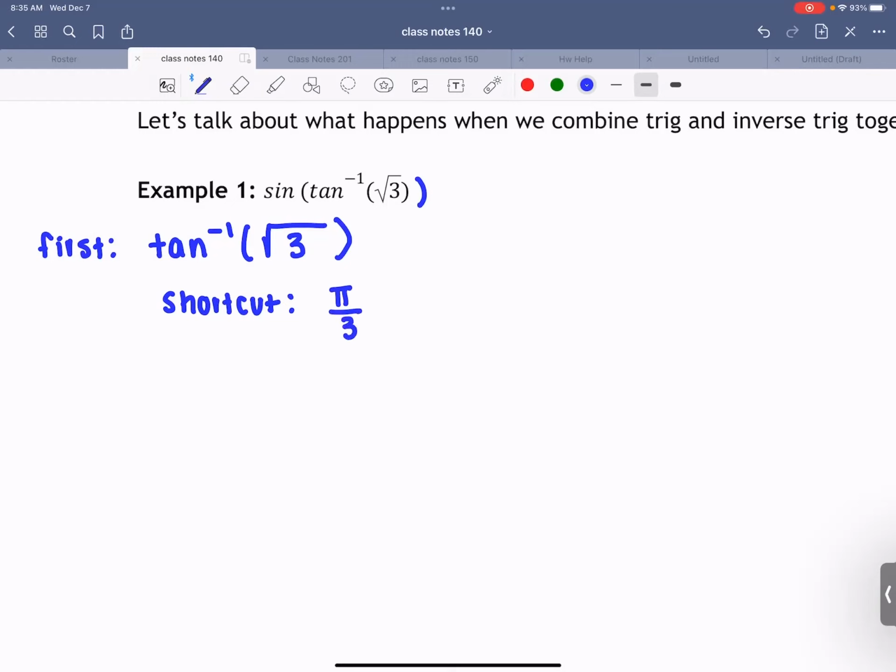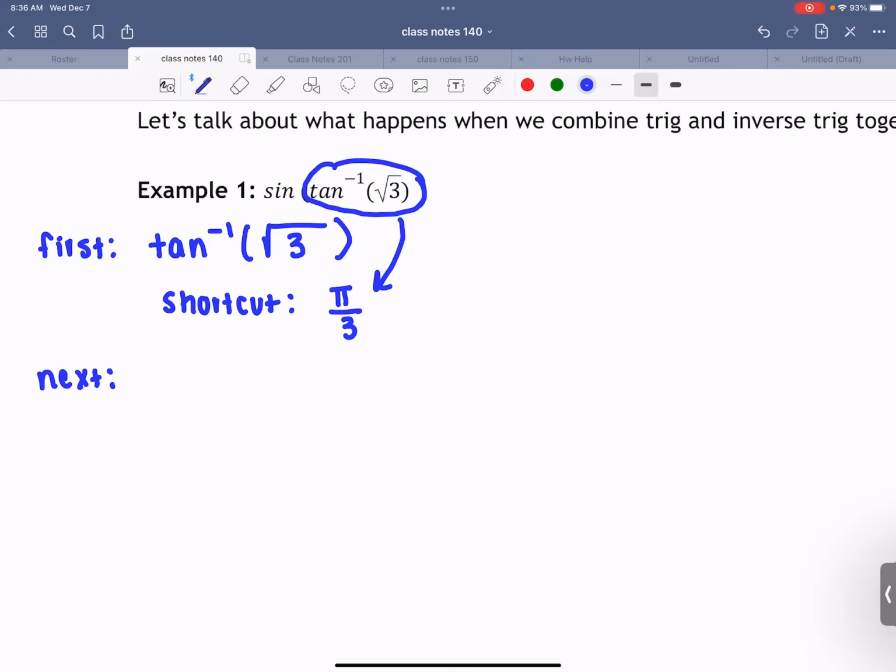Okay, and should it be positive or negative? Positive, right? Because if I'm trying to find the square root of 3, it's got to be a positive pi over 3. Okay, so I know that the inverse tangent of the square root of 3 is pi over 3. That wasn't too bad. Okay, next, I know that the tangent of the inverse tangent of the square root of 3 is pi over 3. So I know that this whole thing really is pi over 3.